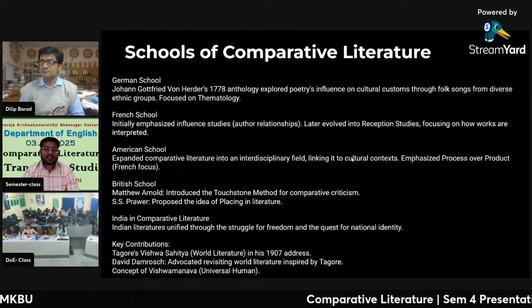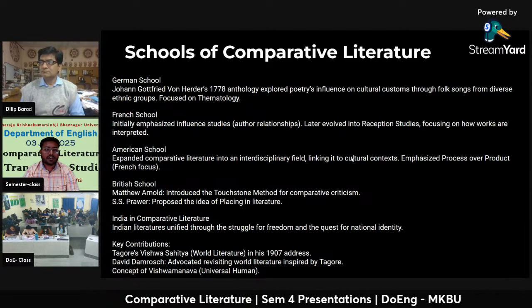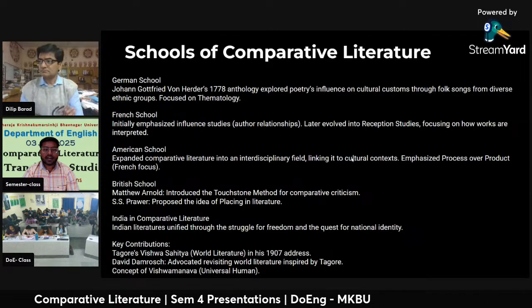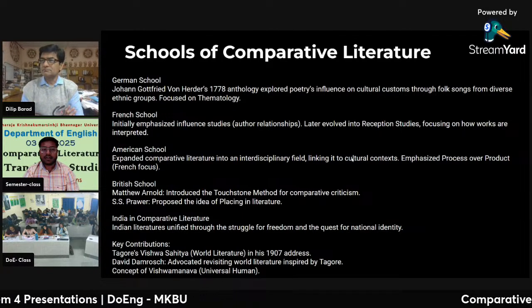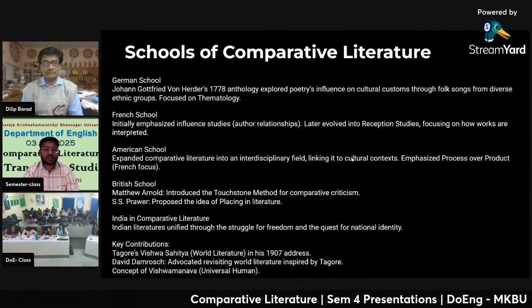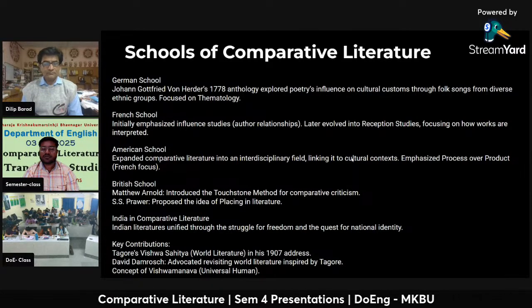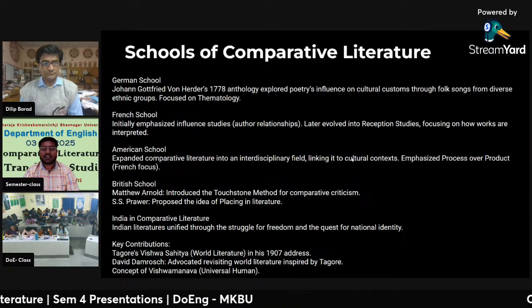The first one is the German school, which examines Johann Gottfried von Herder in 1778 through folk songs from diverse ethnic groups. The German school focused on thematology. The second one is the French school.